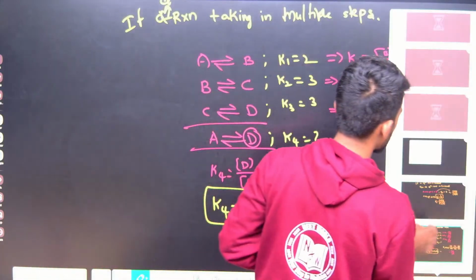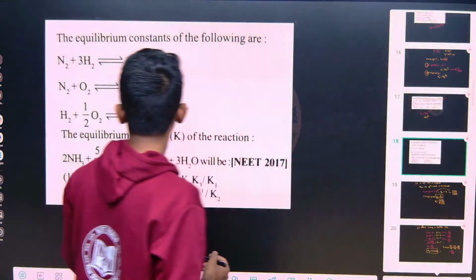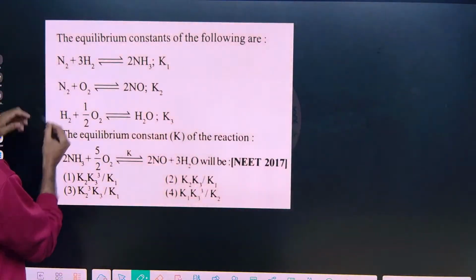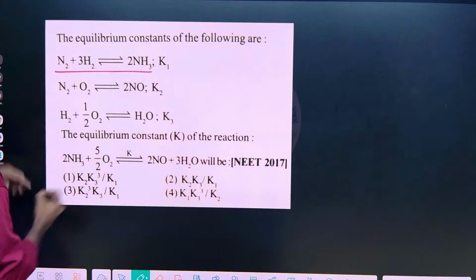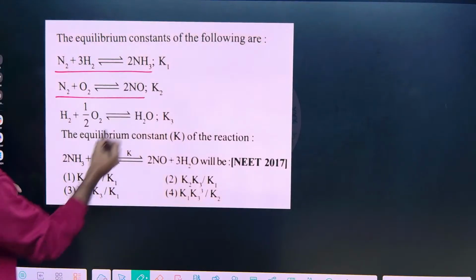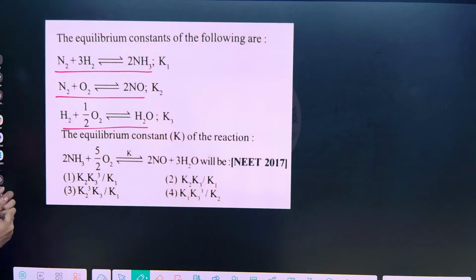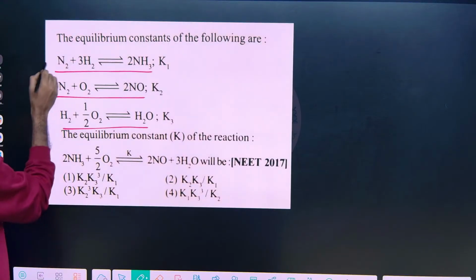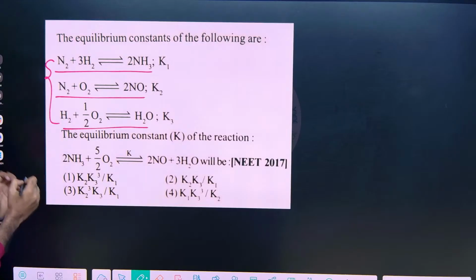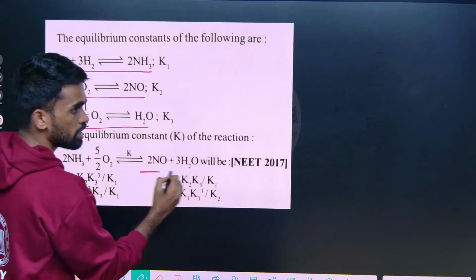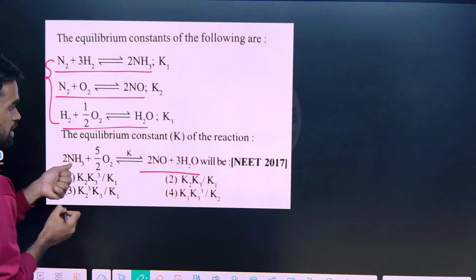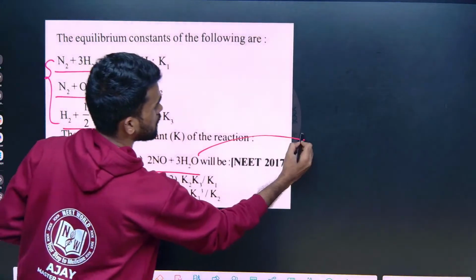Now look at the question which I have shown you here. See here, formation of ammonia we have, and formation of NO we have, saying K1, K2, and K3 here for water formation. Finally they are asking, by considering these 3 reactions, we need to give the answer for this particular reaction. What will be the final K?